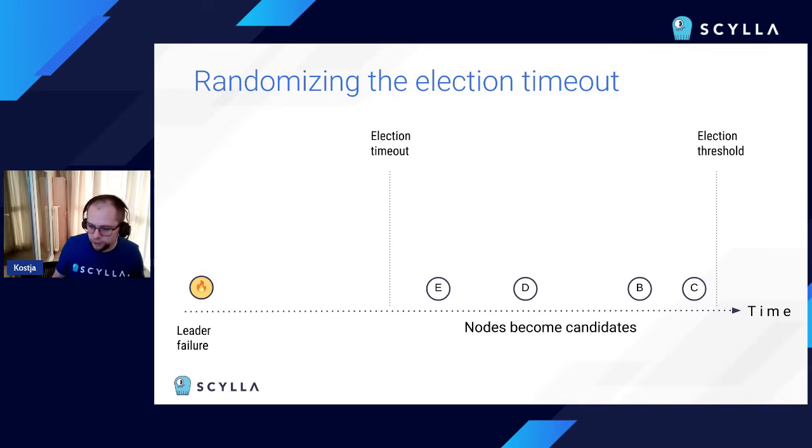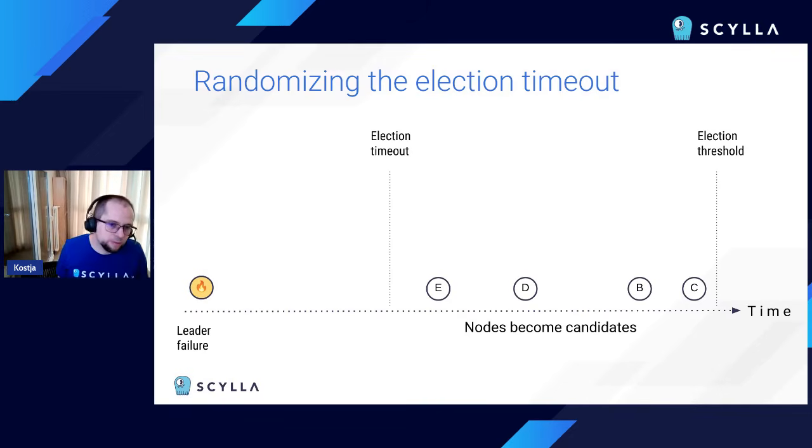So imagine you have a 5-node cluster. 2 nodes try to become leader. Neither of them can. Or with 3 nodes, no node can get the majority of the votes. This situation is called the split vote, and you have to retry after some election timeout, and that prolongs the interval during which the cluster is not available.